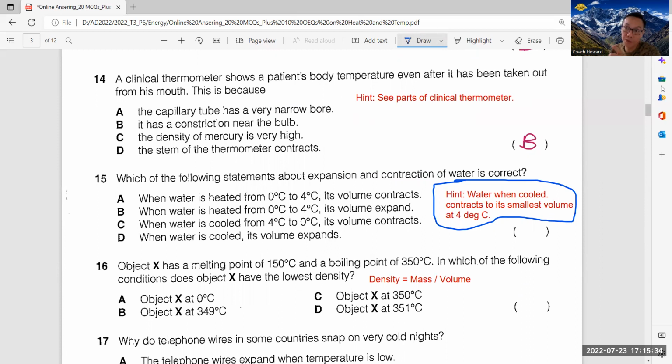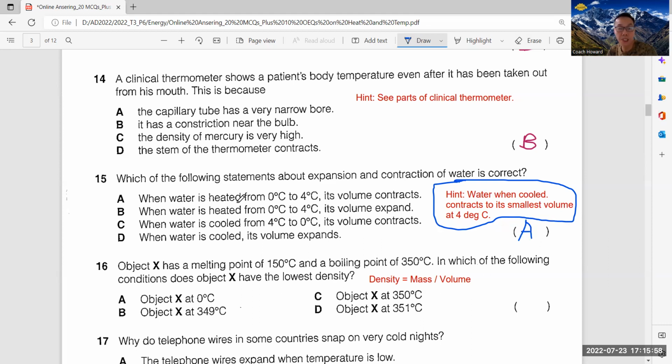Okay, below 4 degrees, if you cool the water, it starts to expand again. That's why when you freeze water to become ice, the volume increases. Because actually from 3.9 degrees and below, as water slowly becomes ice, its volume increases. Okay, its volume increases. So for this answer, the answer is A.